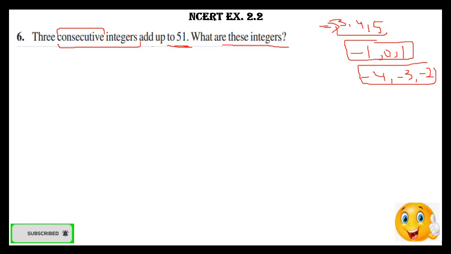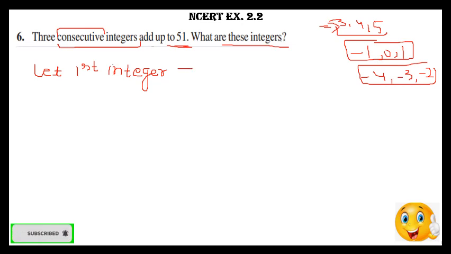What are these integers? So we have to let the very first integer be n, or x or y, any variable of your choice you can consider.